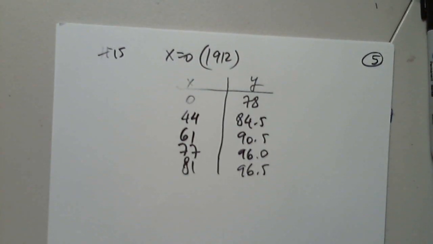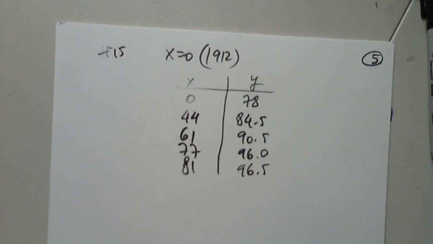But remember, when you select the viewing window, it has to have anywhere between 0 and 81. So 0 and, let's say, 85 with a scale of 10. And y minimum, I'm going to say 60. Y maximum, 100 with a scale of 10.